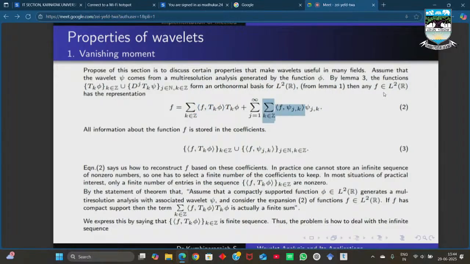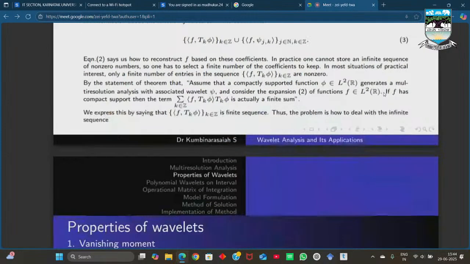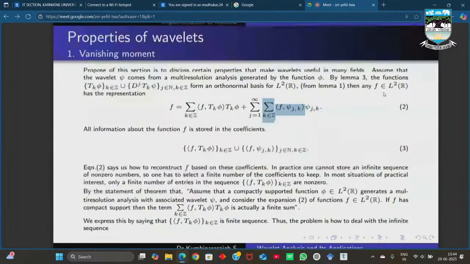So now I need to find the entire f. Therefore, I need to calculate each and every value of the coefficients. But in the previous lemma, I told you that if the psi belongs to a Hilbert space which has an orthonormal basis, then whatever function is approximated has only a finite number of non-zero coefficients.